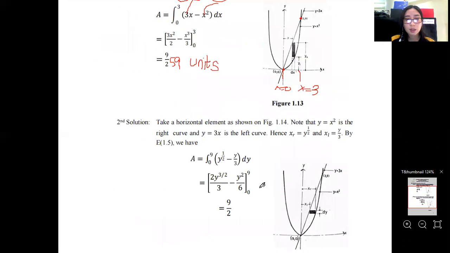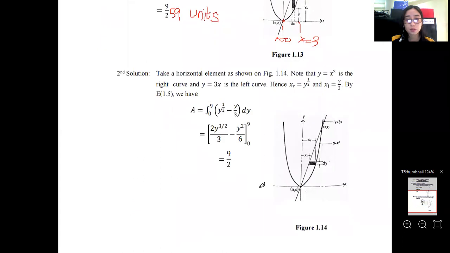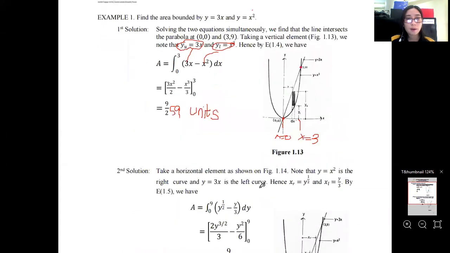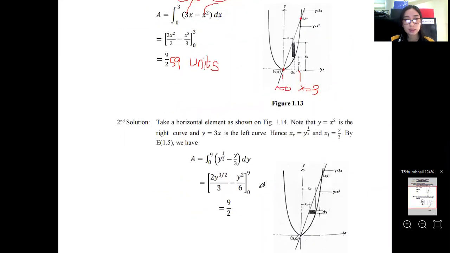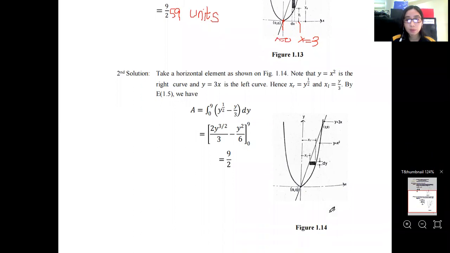Okay. So now let's proceed with the second solution, or the other type of solution using a horizontal strip. So we take a horizontal strip such as this one shown in figure 1.14.